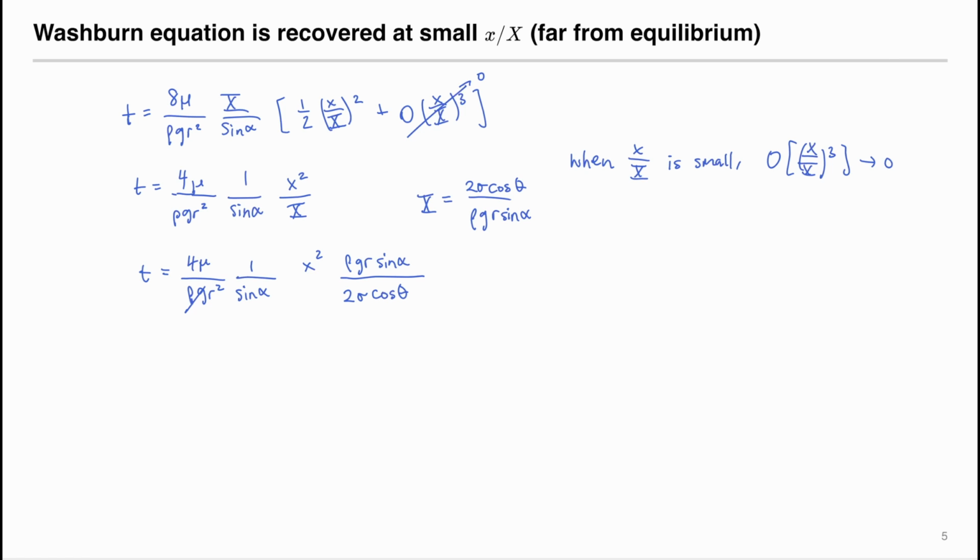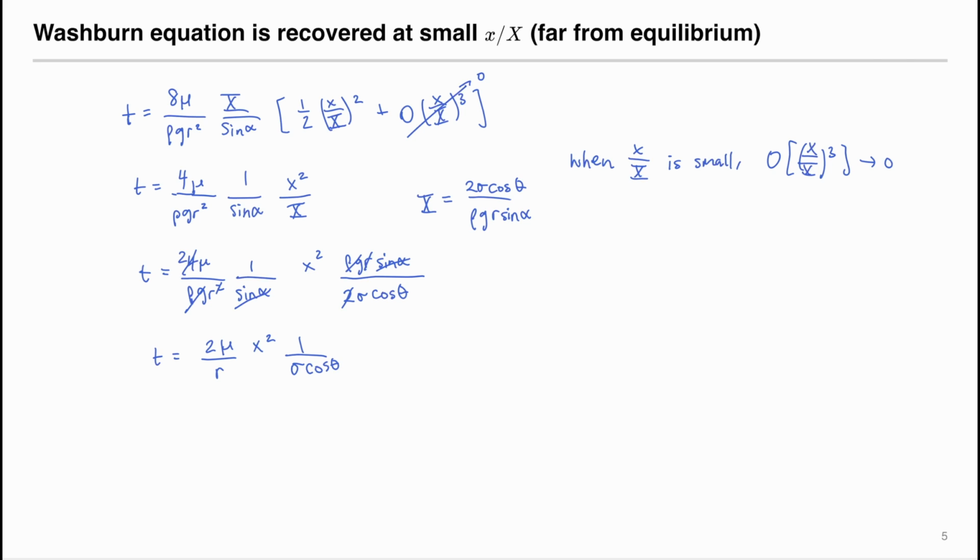The rho g cancels out, r leaving only one r at the bottom, and 4 cancels out to a 2 at the top. Mu survives, sine alpha is cancelled out, x squared survives, and then we have sigma cosine theta at the bottom.